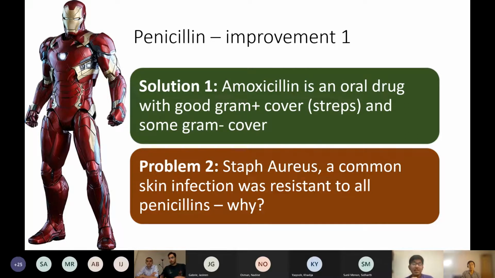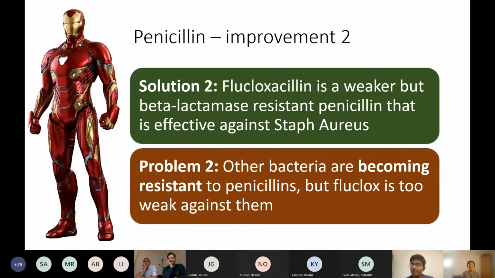So again, we made an improvement. Does anyone know if we made a penicillin that is resistant to weak beta-lactamases? Does anyone know which penicillin that is? Again, you'll see it used a lot, and someone has already mentioned it in this lecture.